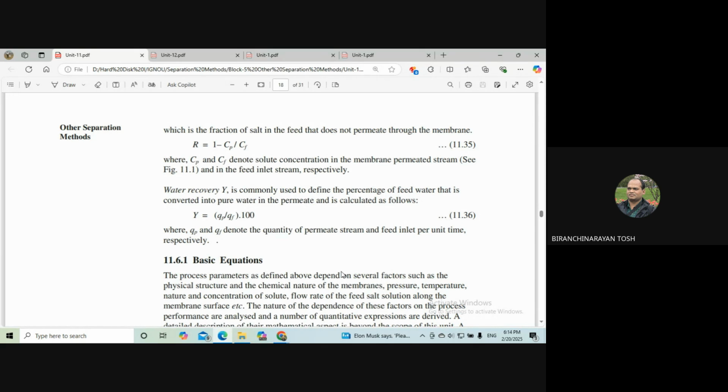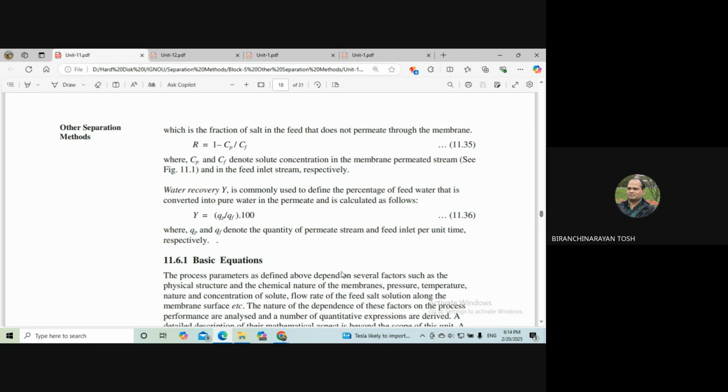And water recovery Y is commonly used to define the percentage of feed water that is converted into pure water in the permeate and is calculated as Qp by Qf into 100, where Qp and Qf denote the quantity of permeate stream and feed inlet per unit time.